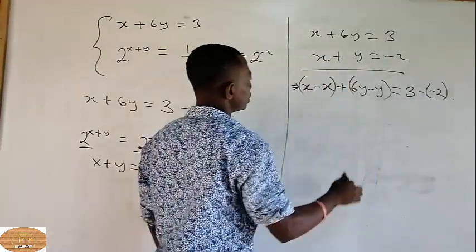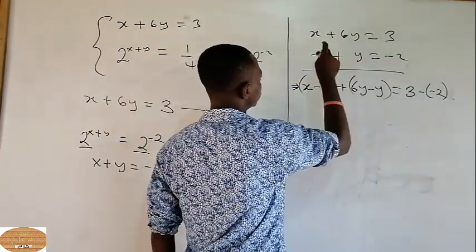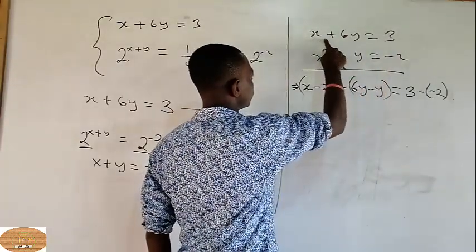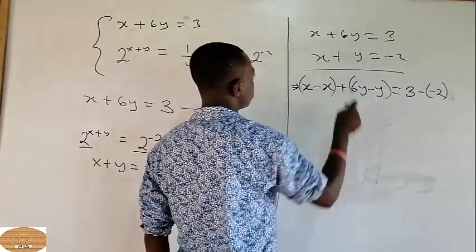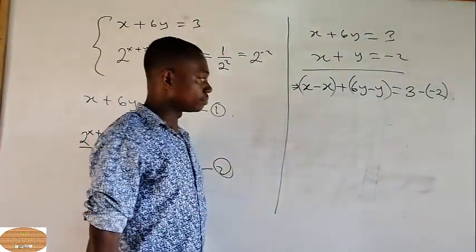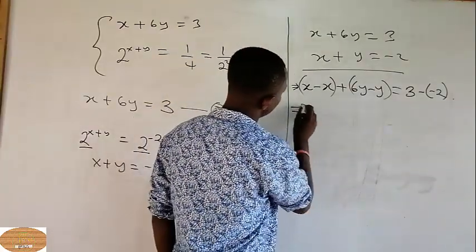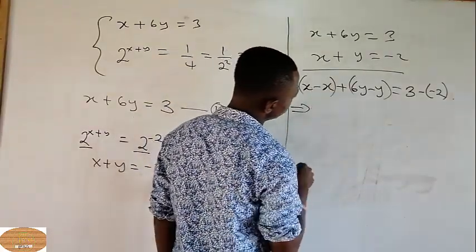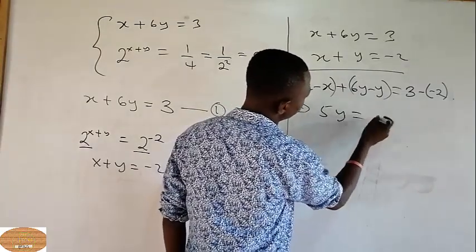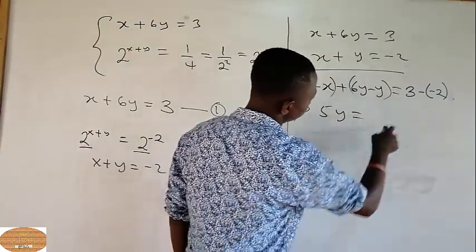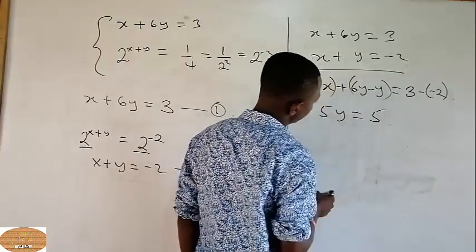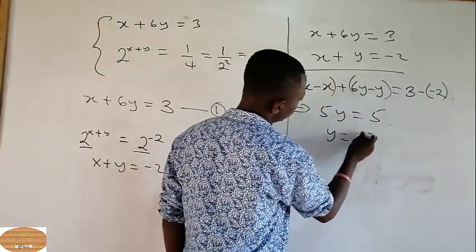We are subtracting this one from this one, because one of the variables is common in both equations, so it's easier to use the elimination method. x minus x is 0, 6y minus y gives 5y, and 3 plus 2 is 5. So y is straight away 1.